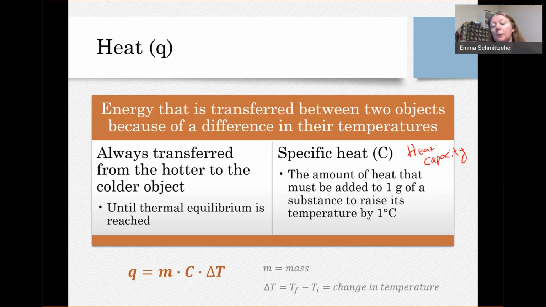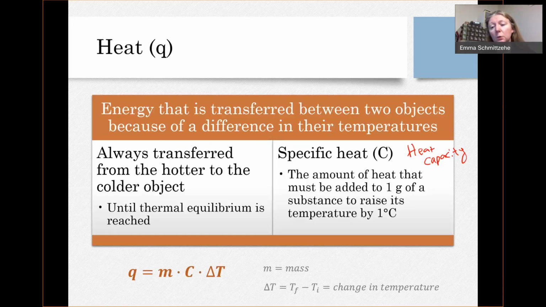Okay. The one nice thing about this equation having a change in temperature is that you can plug in the temperatures in Celsius or Kelvin. Either will give you the same change in temperature, just as long as you plug them both in the same unit. Okay, and so then you also will see your specific heats or heat capacities.